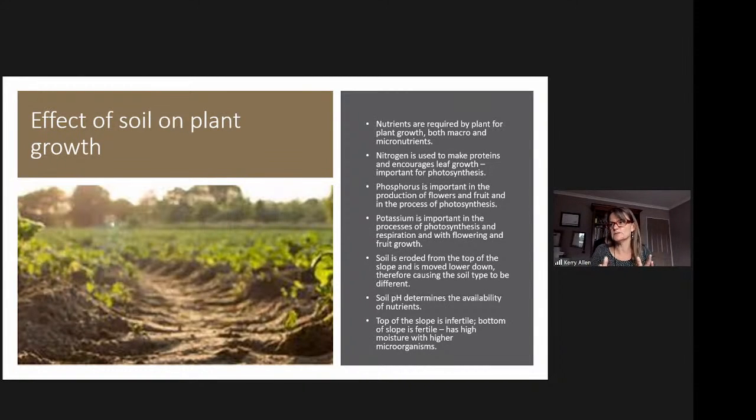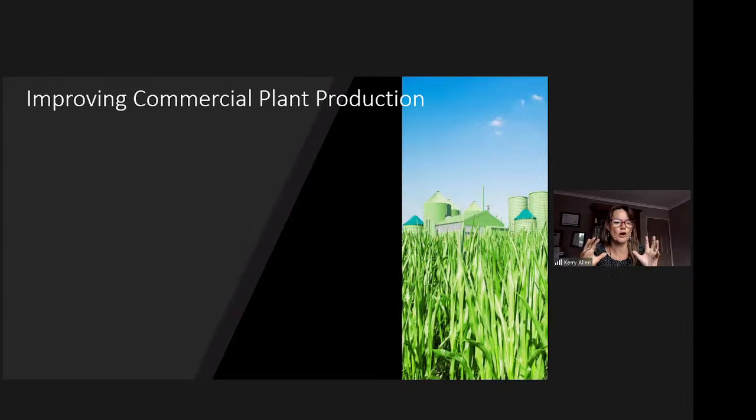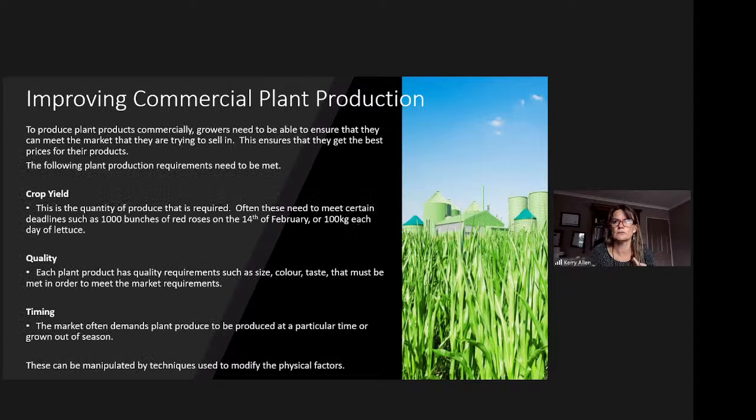But also you need to be aware of what your plants require, what's going to be best for them. So you need to make sure that you know that so you can manipulate. So the reasons we want to know all this about our physical factors is so that we can improve their commercial plant production.